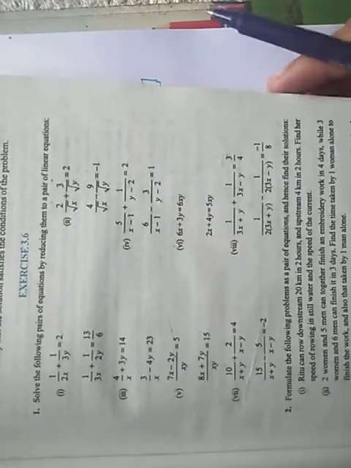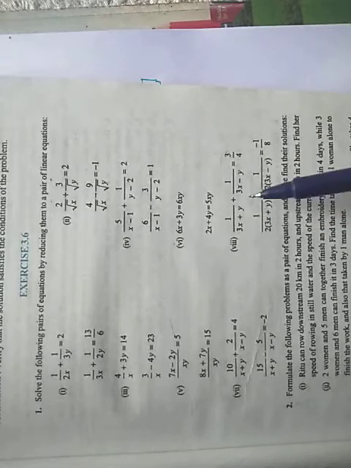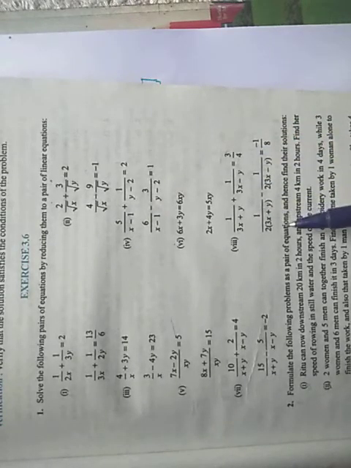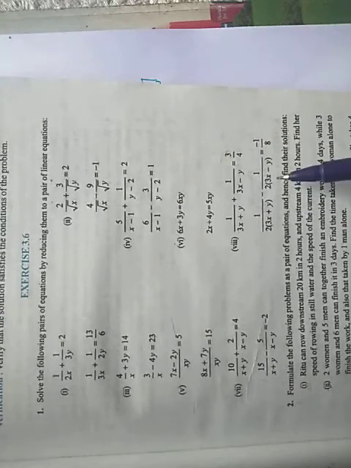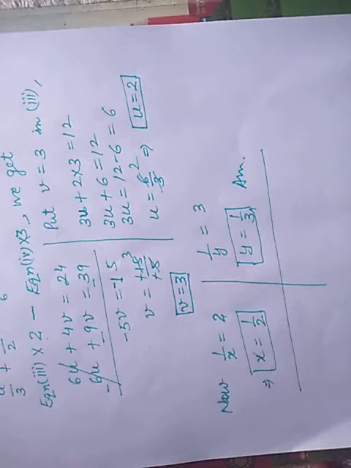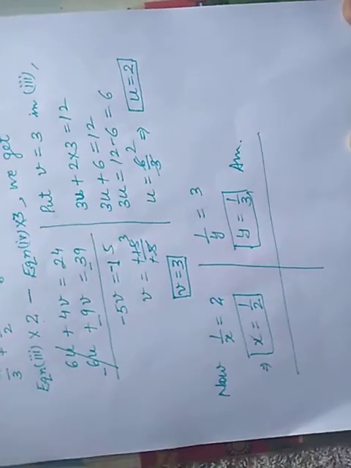Okay, we have given here 1 upon 3x plus y plus 1 upon 3x minus y is equal to 3 upon 4, and 1 upon 2 into 3x plus y minus 1 upon 2 into 3x minus y is equal to minus 1 upon 8. So students, here we will take it as question number 1, 8th part.